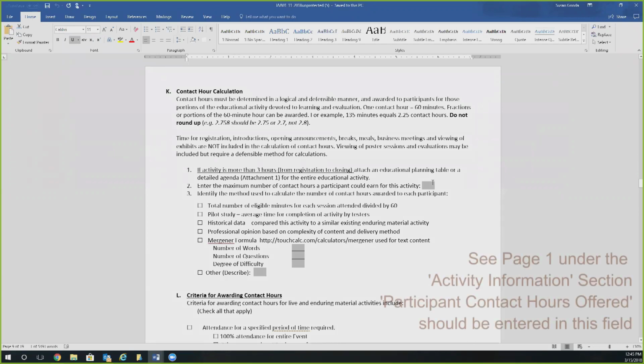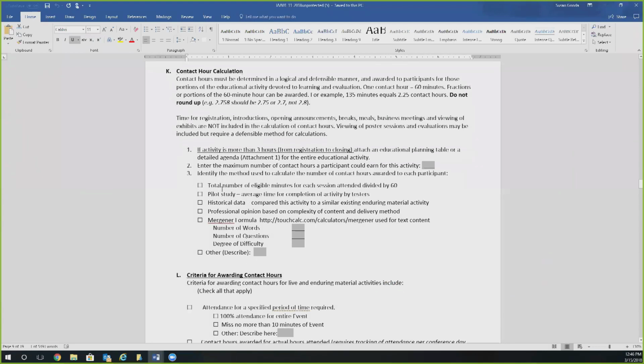So back at the beginning where we differentiated between the full contact hours and the participant contact hours, this is where that maximum number is going to go. How did you determine the hours to be awarded is question number 3. If it's all a live performance, the total of minutes divided by 60 tells you how many credit hours they can get.